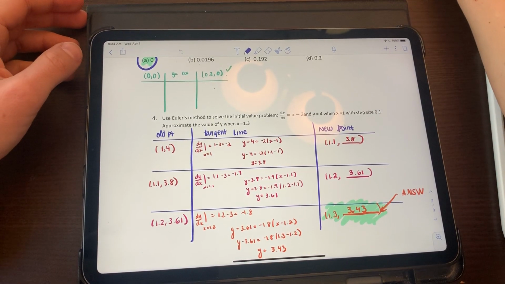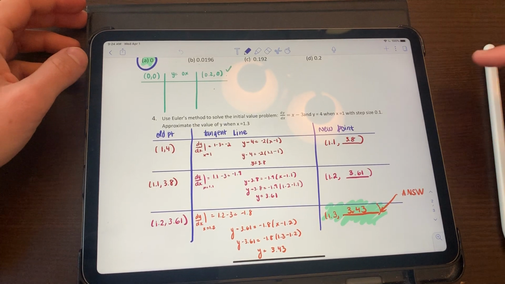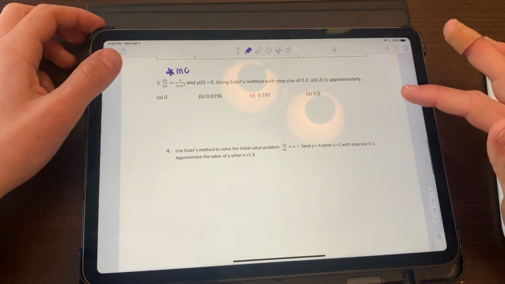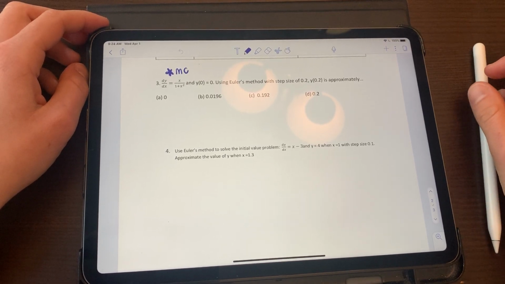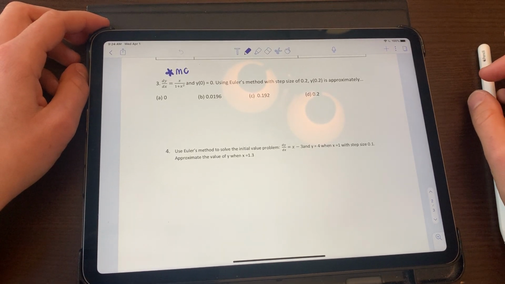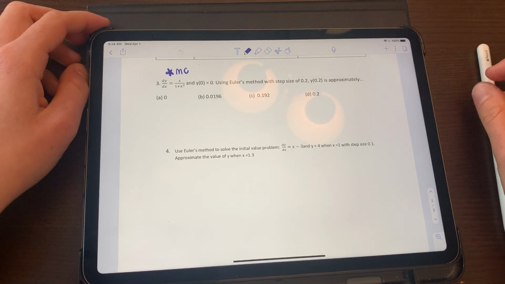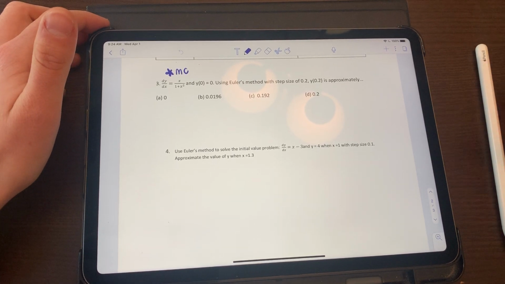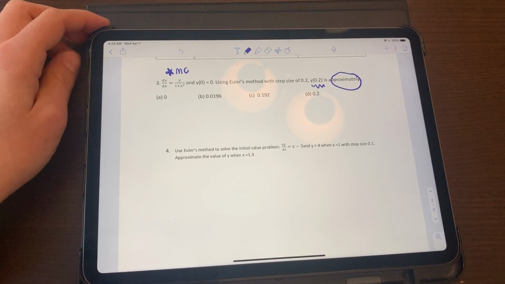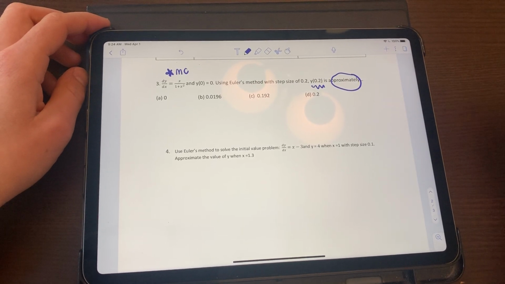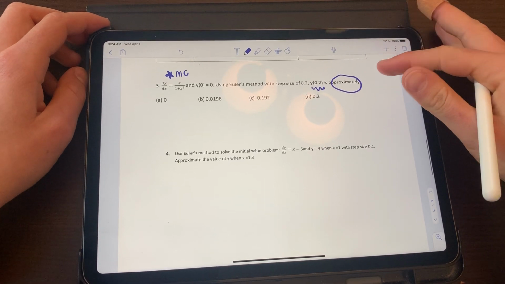Euler's method is something that is useful in very few situations where we do not have a calculator, we don't have any technology, we have to find the approximate solution at a specific point, and the differential equation is not separable.